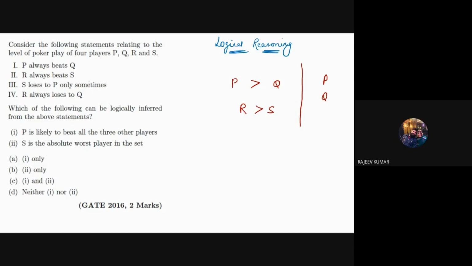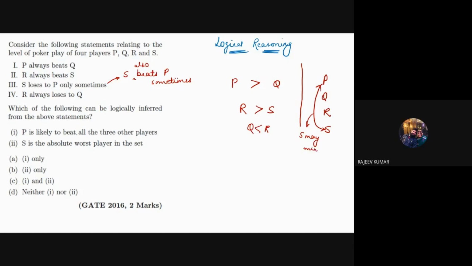So sometimes S loses to P. That basically means S wins or S beats P sometimes, because it loses only sometimes, so that basically means it also beats sometimes. And R always loses to Q, so R is less than Q. So we got that Q is below, R comes here, S comes here. But when S and P play a match, S may win sometimes. We get this from the third statement.